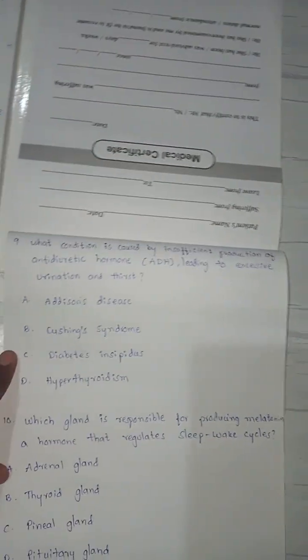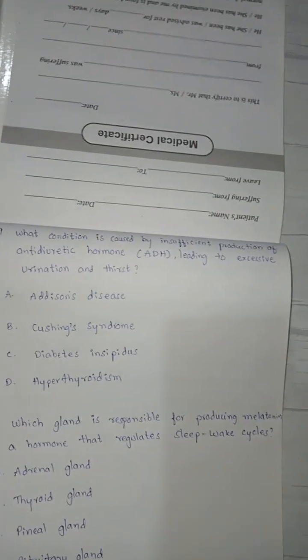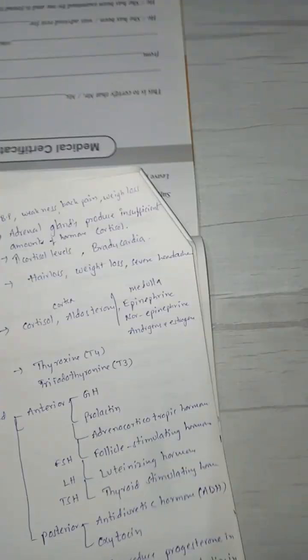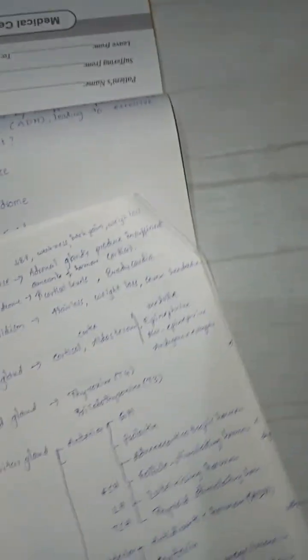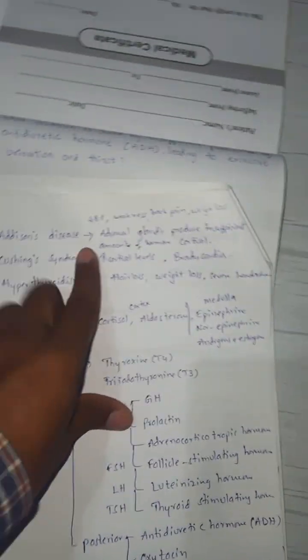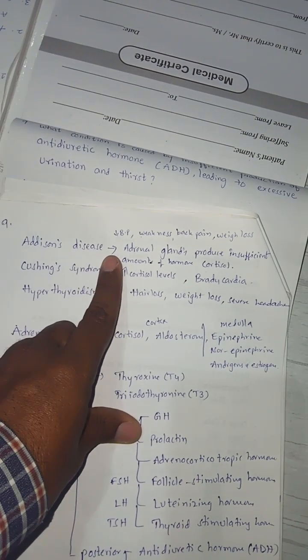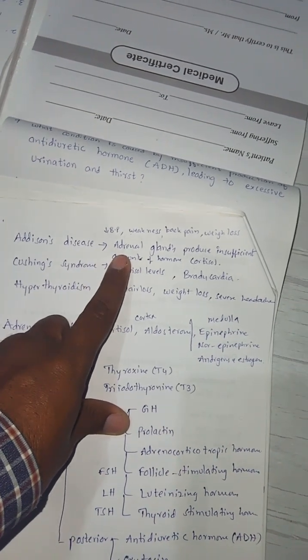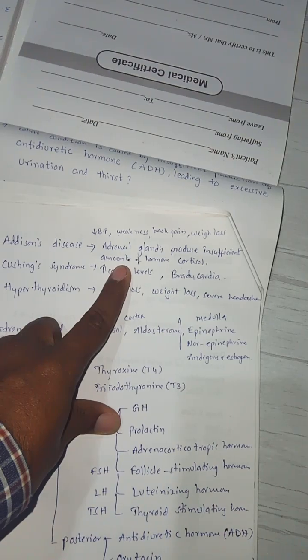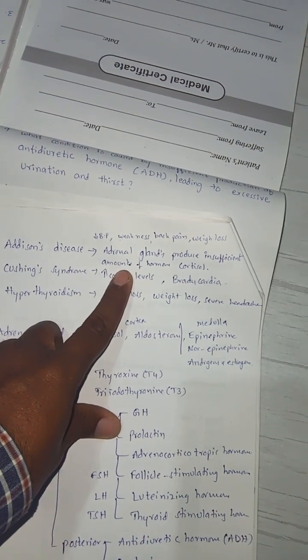So coming to the remaining options, see here Addison's disease. Addison's disease means the adrenal glands produce an insufficient amount of cortisol hormone.